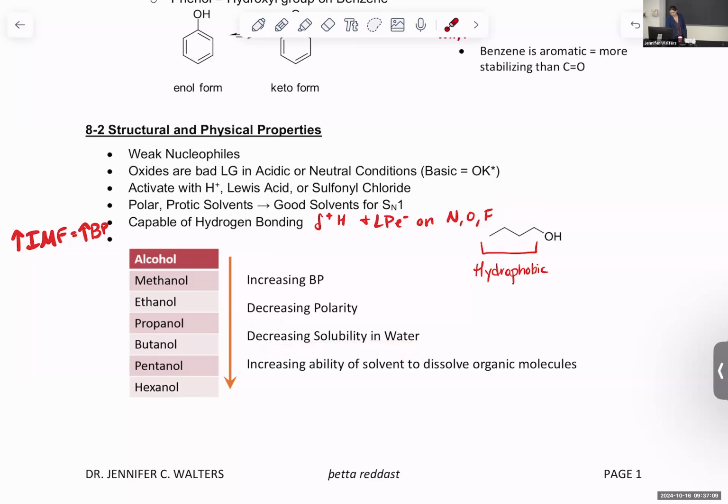But I will be increasing the ability of the solvent to dissolve organic molecules in general, because now I'm getting this really polar head and a non-polar tail, so a hydrophilic head and a hydrophobic tail. So now it's really good at dissolving a whole bunch of different molecules.